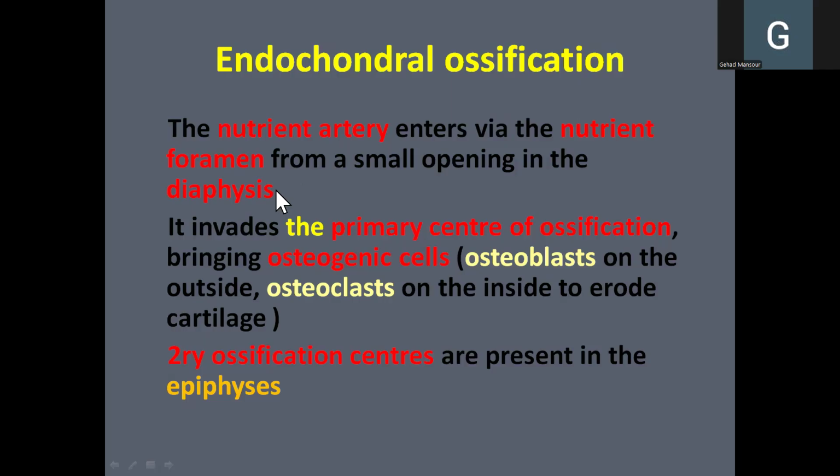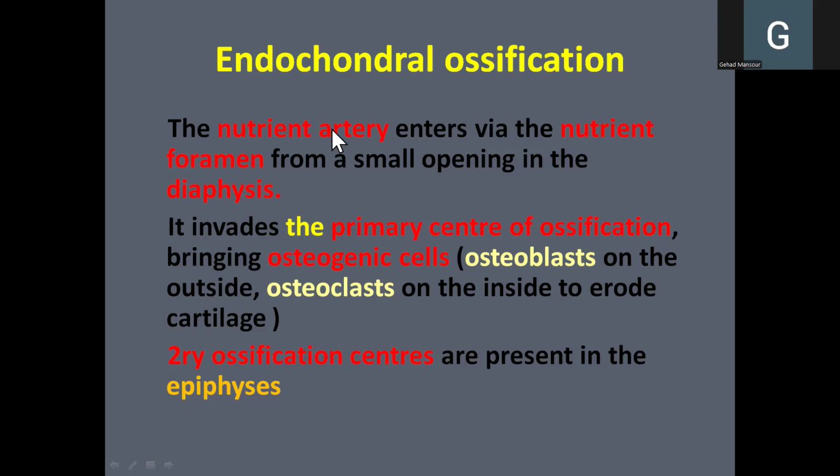So there is actually a place through which the nutrient artery reaches the tissue model that will be converted into bone, and that opening will later persist in the shaft of the bone, or the diaphysis, and will form the nutrient foramen, because it's a foramen or an opening that helps entry of arteries and therefore of nutrients.